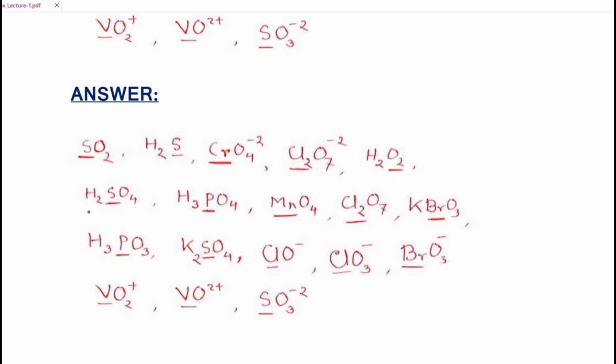Now sulfuric acid, 4 oxygen, 4 to the 8, hydrogen 2 plus, minus 6, sulfur will be plus 6. Here phosphorus, 4 to the 8 plus 3, 4 to the minus 8, hydrogen 3 plus, minus 5, phosphorus will be plus 5.